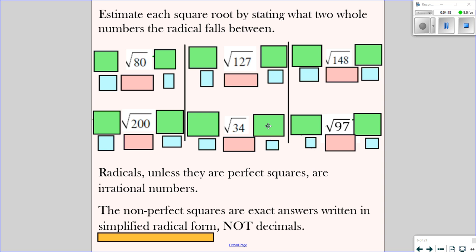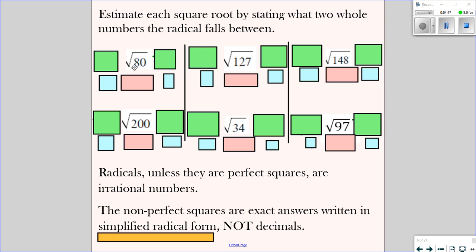Okay, so when it comes to estimation, if you don't have a perfect square, then you can estimate. Yes, you can use a calculator, but let's say you didn't have a calculator. You can find the two square roots that will give you a perfect square that fall on either side of the square root number that you're looking for. So for example, we have the square root of 80.